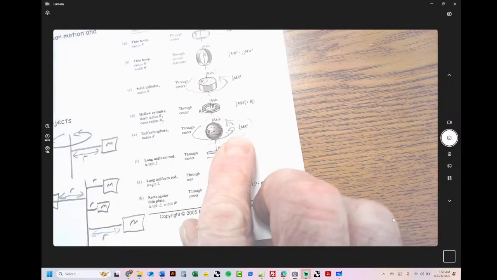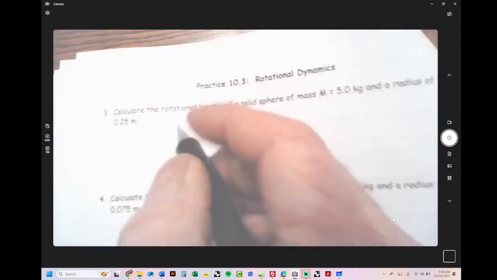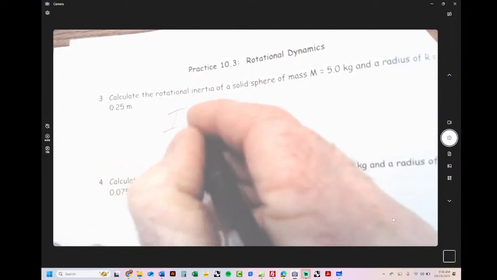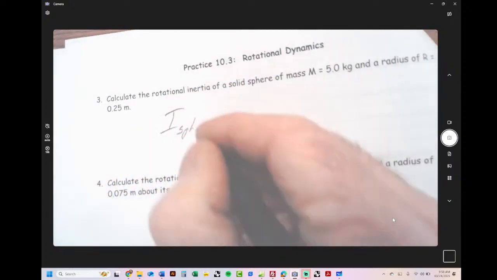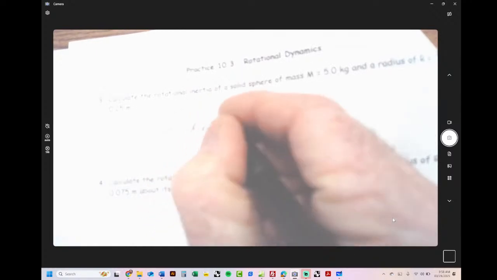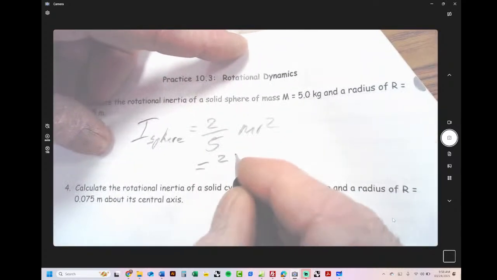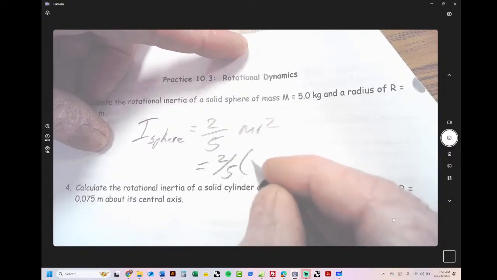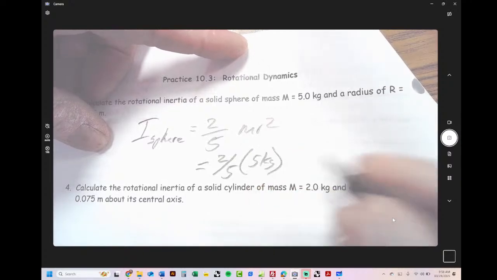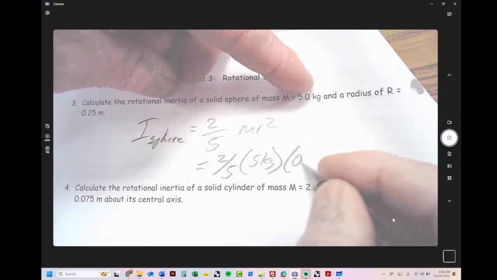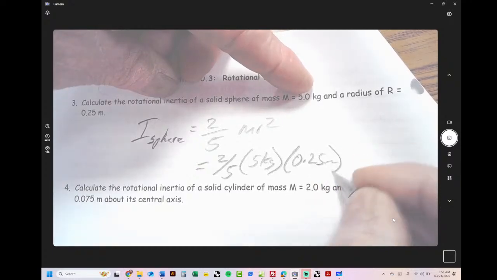And it says a sphere is 2/5 mr squared. So I'm going to write I sphere equals 2/5 mr squared. And then I just plug stuff in. So that's 2/5 times 5 kilograms times 0.25 meters squared.